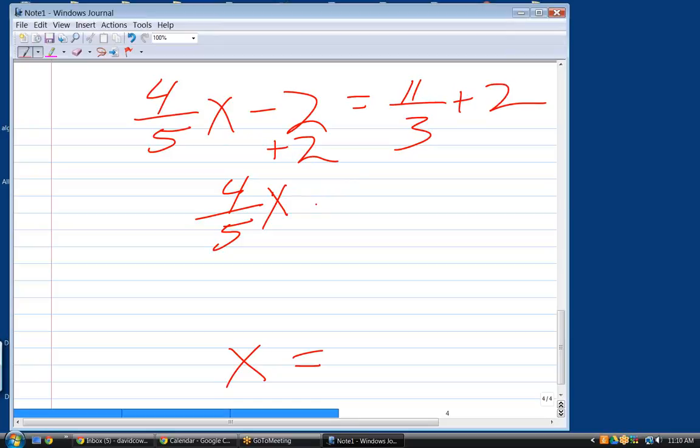So I got 4/5 x equals 11/3 plus 2. Well, how should I write that? Sorry, 2 in front of the 11/3. Well, I can't write it like this.